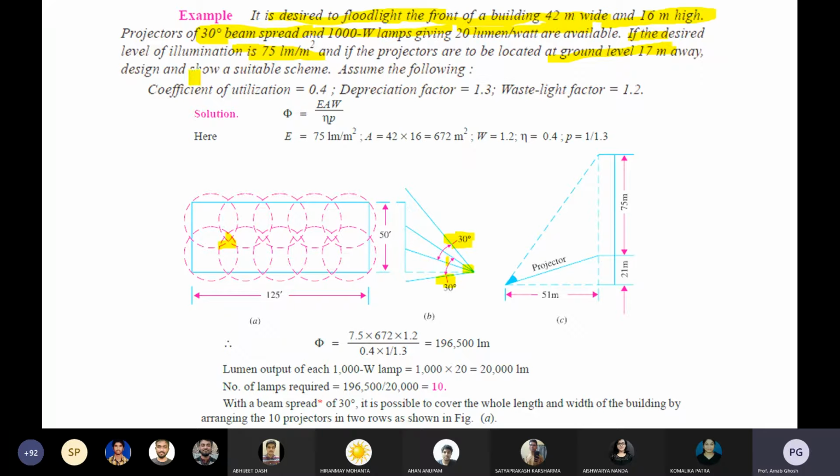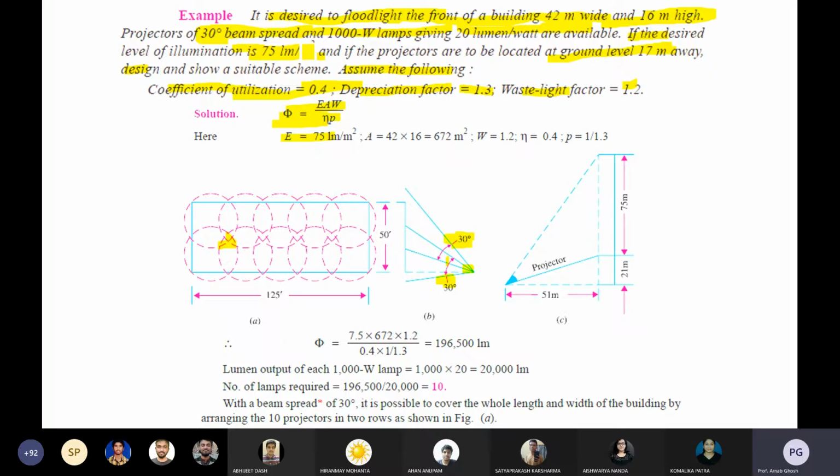Okay, so you know the formula: phi equal to EA. Everything is mostly given, E is given as 72 lumen per meter square, the desired level of illumination. A you can multiply, 42 into 16, that area, that is 672 meters square.